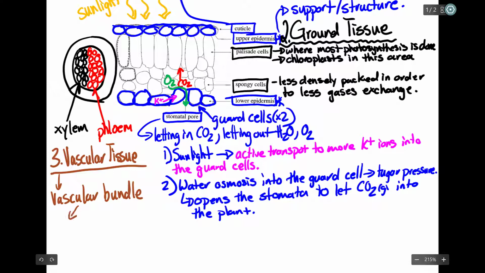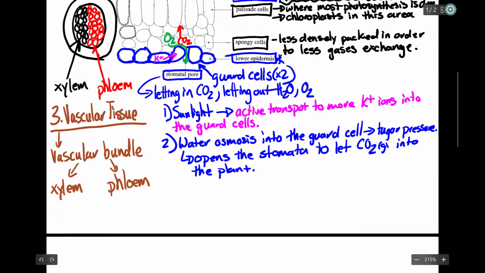And the vascular bundle has both xylem cells and phloem cells. And again, the xylem is actually dead tissue, and it is responsible for moving water up the plant from the roots, where the phloem is really moving sugary water around the plant as its job.